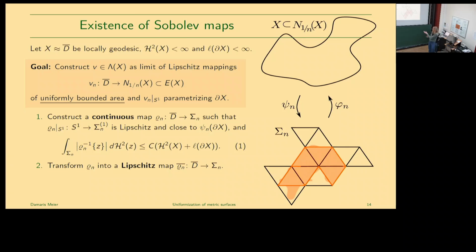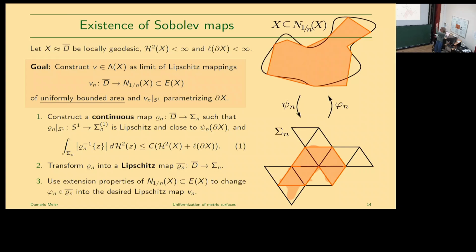Then once we have a Lipschitz map into our simplicial complex, we can map it back up. Because we're in the injective hull, we can then extend it to a Lipschitz map of the original parametrization of the boundary of our metric surface, and then we have the map that we want. So that's the general idea.